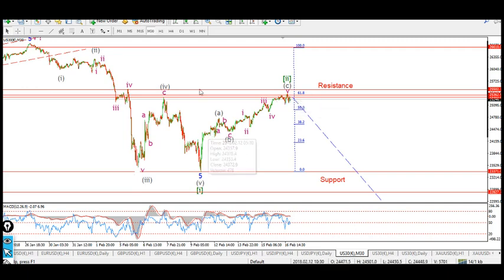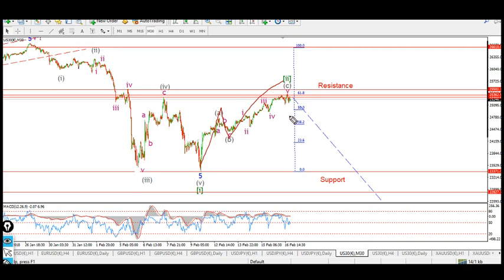So I've altered this internal wave count slightly. There's two major ways to look at this. I haven't shown this as an alternate count, but we could be looking at an ABC pattern here, and that's a large flat correction. Or we could be looking at an ABC pattern here, and that's the one I favor at the moment.